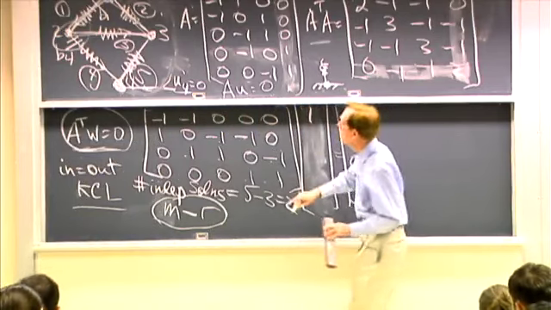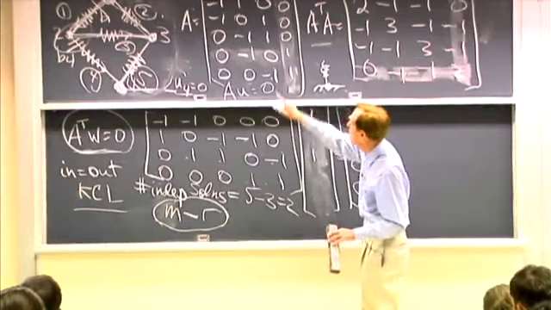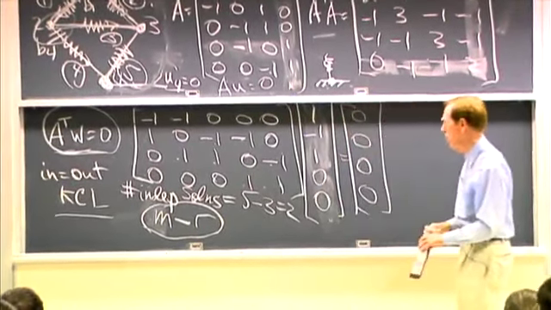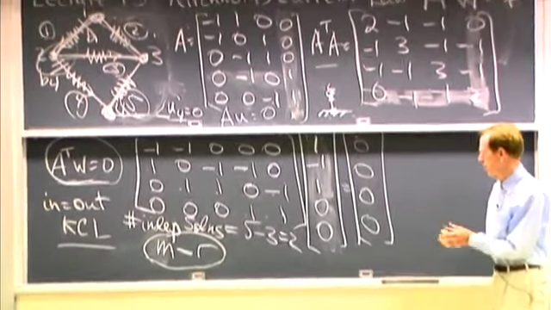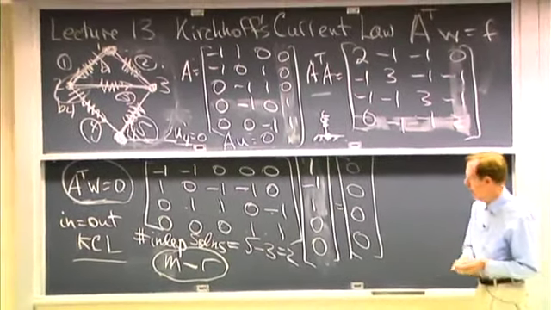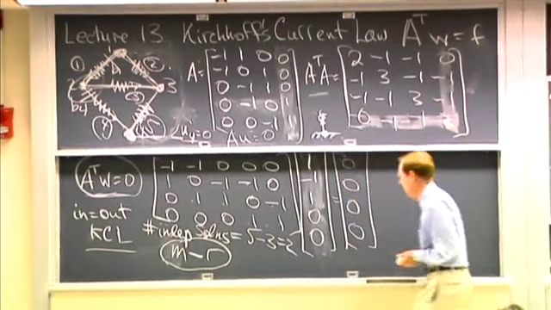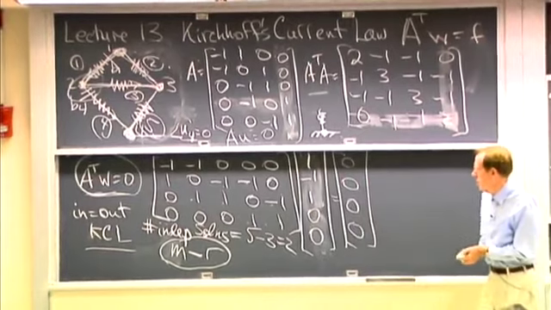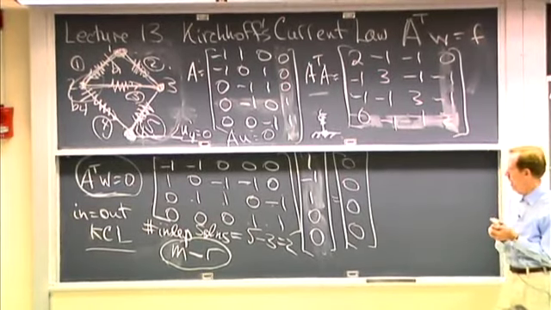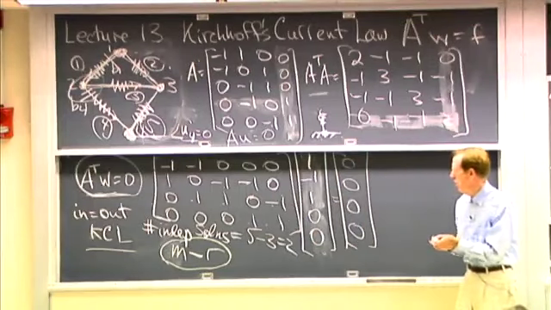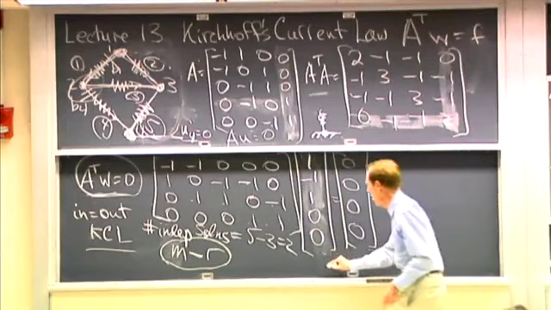W1, I'll send 1 around. W3 will be a 1. W2 was backwards. It wasn't traveling on W4. I think that's a solution. That loop current gives me a solution. So let me call this a first solution. And if we do these multiplications, of course, it's going to come out right. Okay, so that's solution number 1.